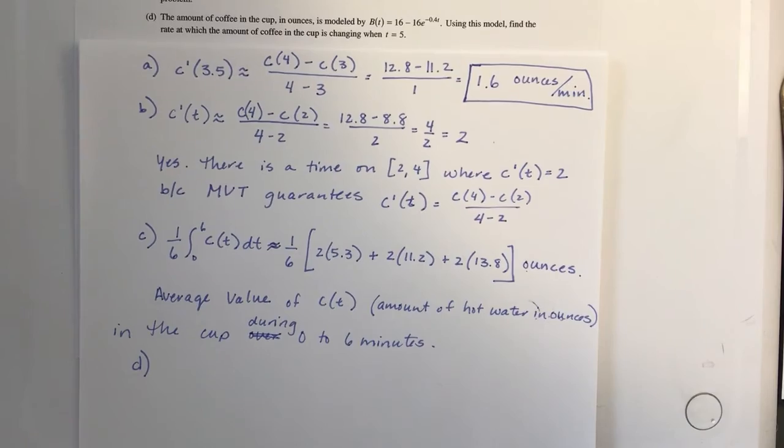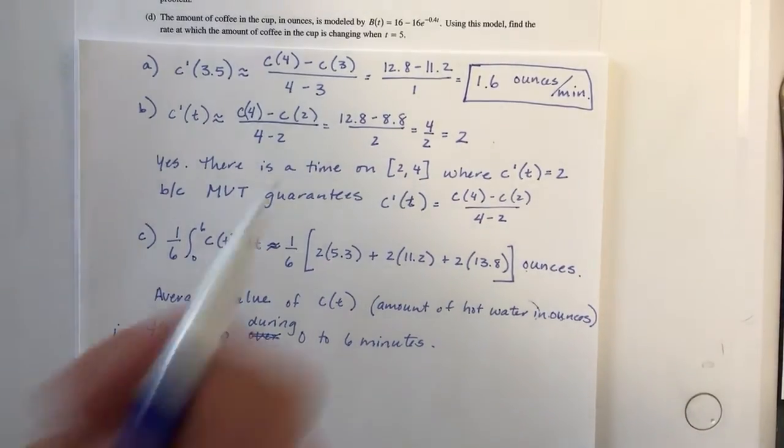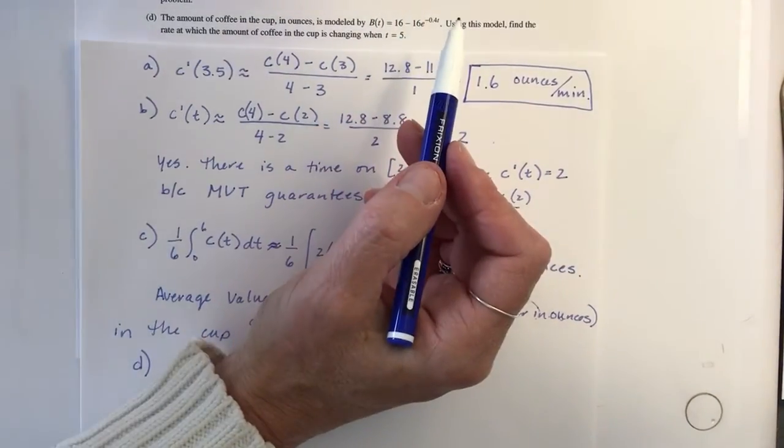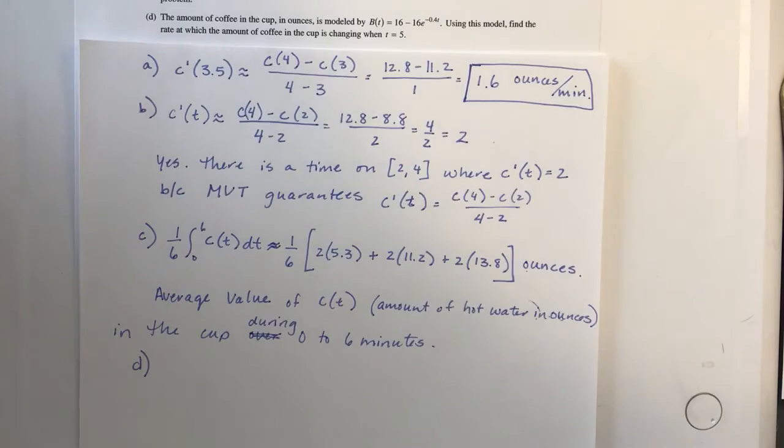All right, let's do part D. The amount of coffee in the cup in ounces is modeled by a totally different function, so we're not going to look at the table anymore. Using this model, find the rate at which the amount of coffee in the cup is changing at t equals 5. If they give us the amount, to find the rate, take the derivative.